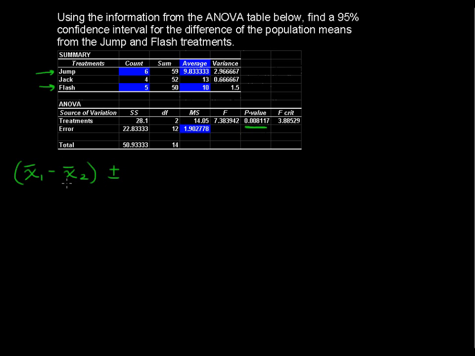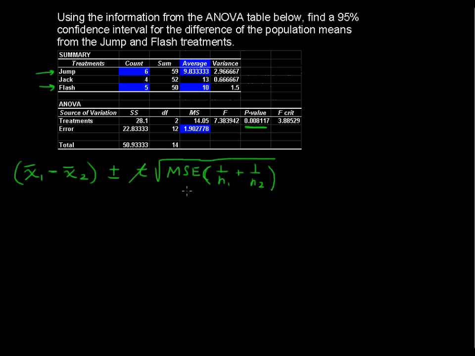The difference of the sample means is your point estimate, but then there's some margin of error, so plus or minus the t-value times the square root of the mean square error of the ANOVA table times 1 over n sub 1 plus 1 over n sub 2, the sample sizes for jump and flash.